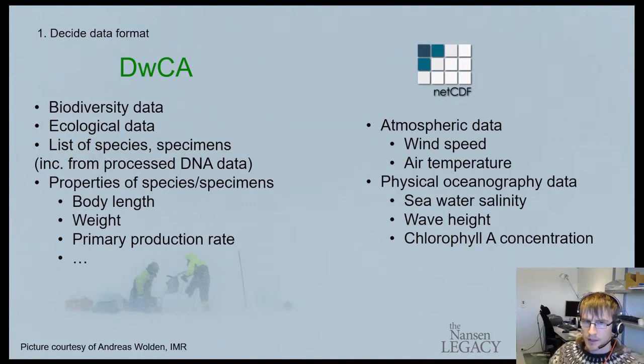So just bear in mind that if you're a biologist, you might also need to be aware and work with NetCDF files at some point. Although, if you want to publish species data together with some of these physical properties, then and only then these data can also be stored in the same Darwin Core Archive. And I'll get back on how you can do this later.